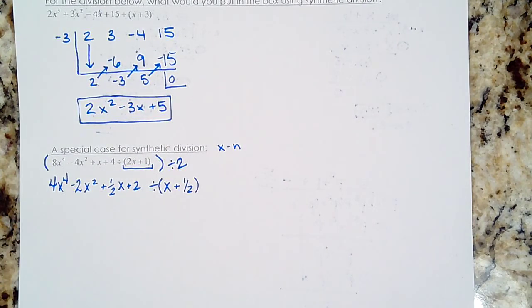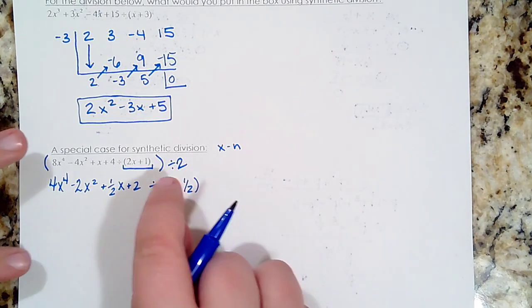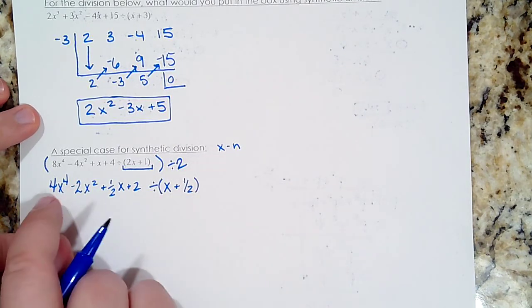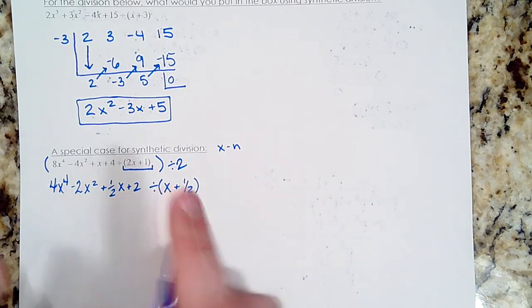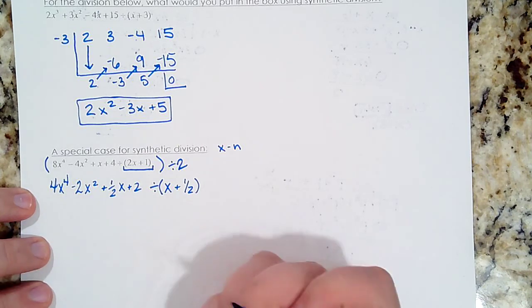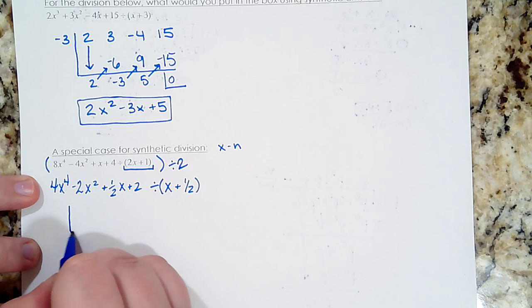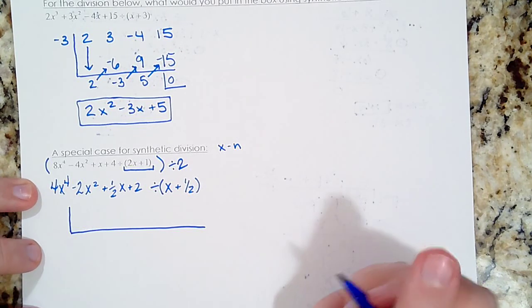Now, you should see before I start synthetic division, we have one other problem we have to deal with. We dealt with the 2 in front, so now it's in that nice form that we like. But as you're going along this, you should notice that we're missing the cubed term. So when I start my long division, I have to put a placeholder in.